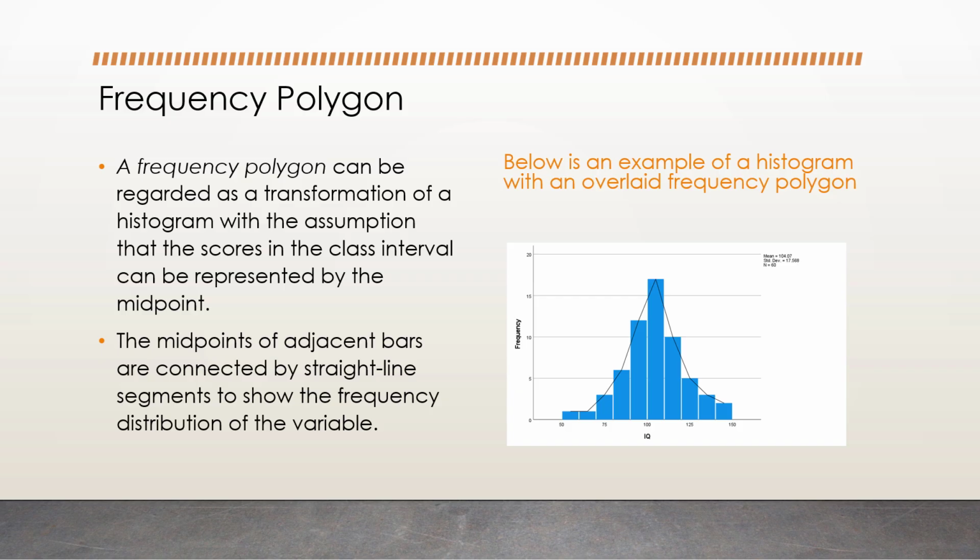The assumption is that scores within each interval can be represented by its midpoint. The smaller the interval width, the smoother the frequency polygon becomes. The vertical distance from a point on the polygon to the x-axis represents the relative frequency at that value.